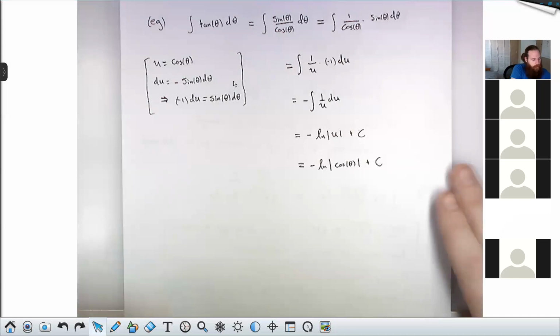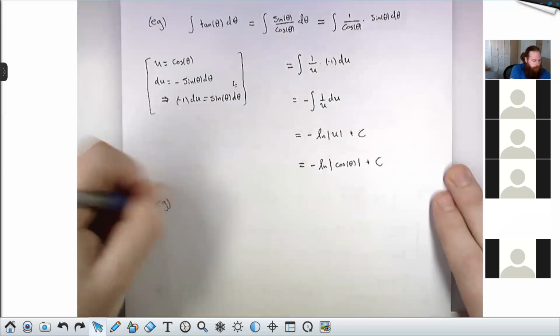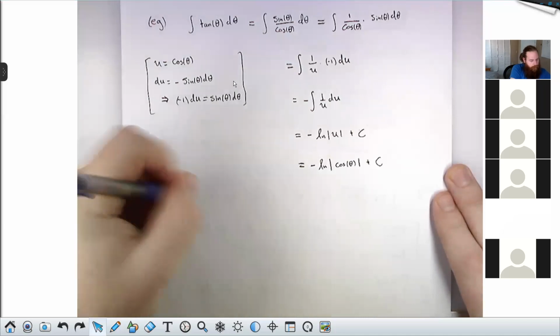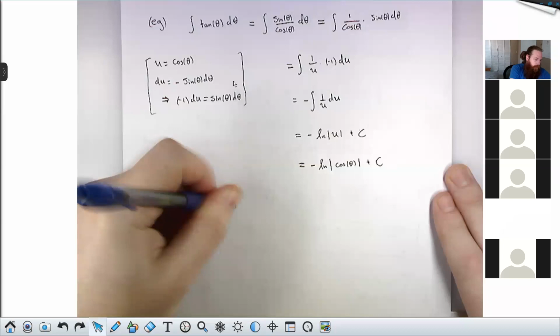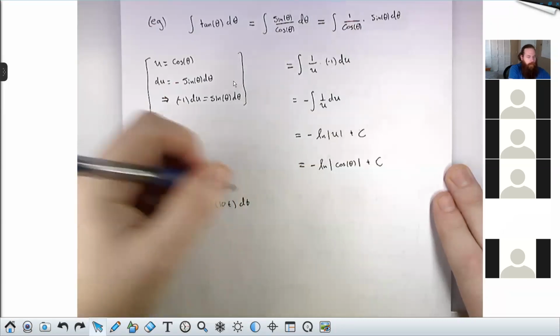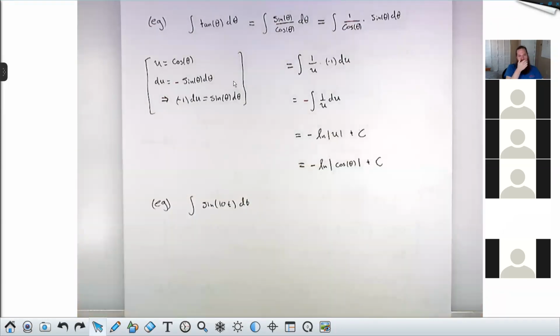Okay. Let's try a couple more. What about the integral of sine of 10t dt?